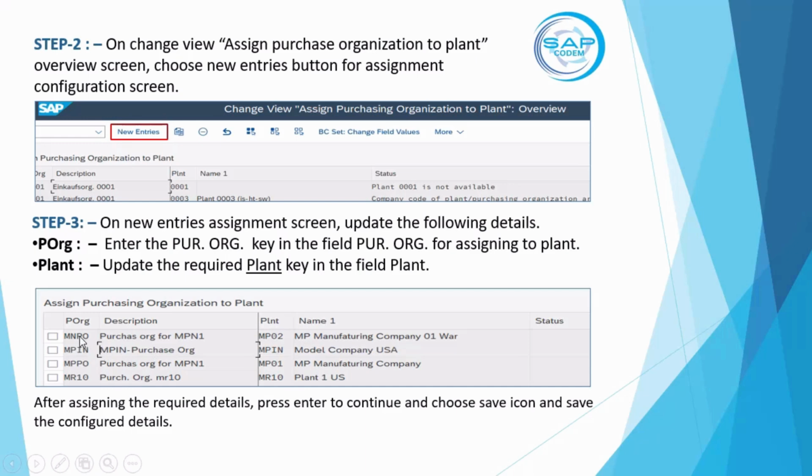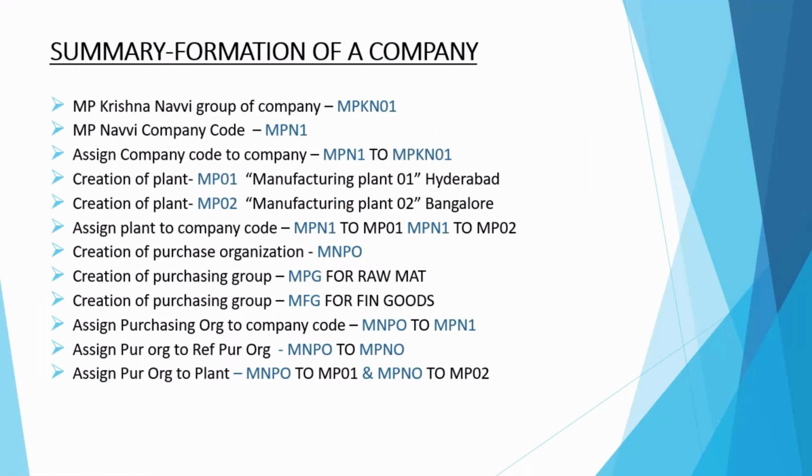So this purchasing organization is responsible for two plants, MP01 and MP02. Okay. So this mapping is done, and you need to save it. There will be a save button here. Okay, you need to save it. And with that, we completed the formation of a company.